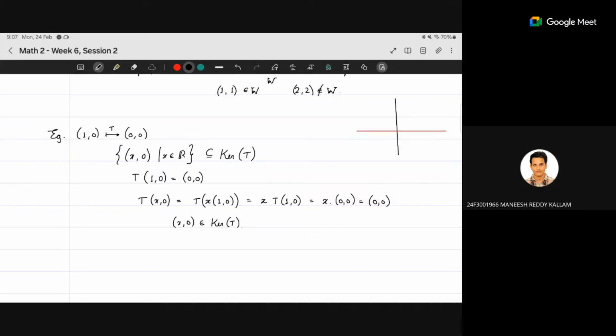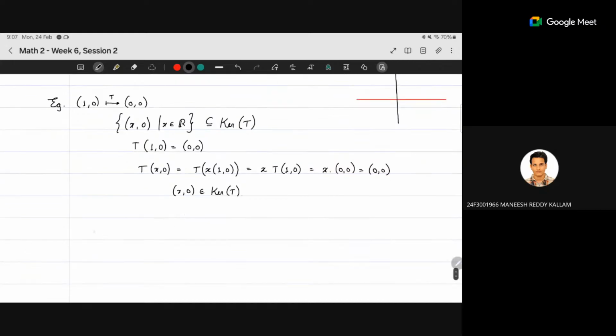So the entire x-axis is a subset of the kernel. But the kernel itself could be the whole space. If you consider the map (x, y) goes to (0, 0) for all (x, y), which means that every vector is mapped to 0. This is a trivial transformation. Essentially, everything is collapsing.